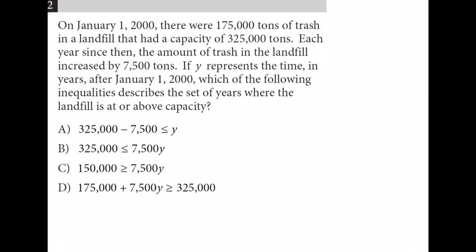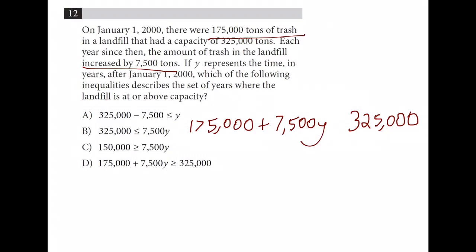So we're trying to identify two pieces of information: how much trash we started with, and how much the landfill is increasing per year. The one that is increasing per year gets our variable. So we take our different values and we line them up like this. We see that 175,000 is our initial amount of trash.